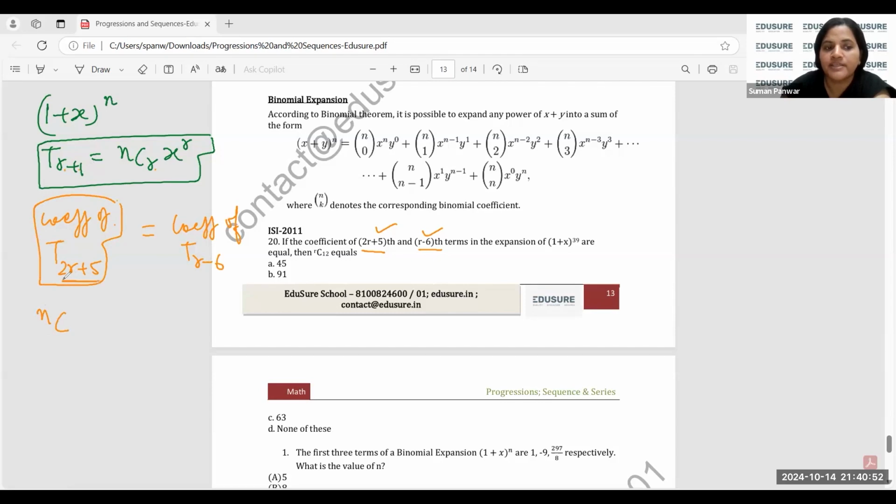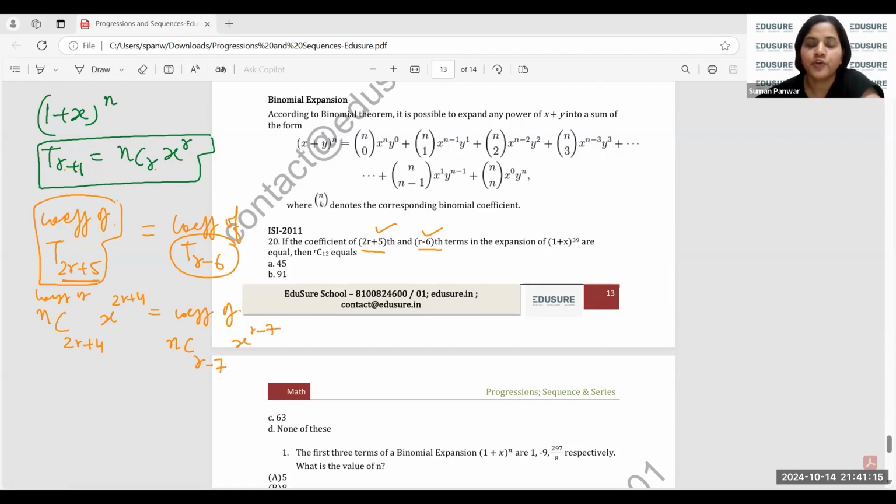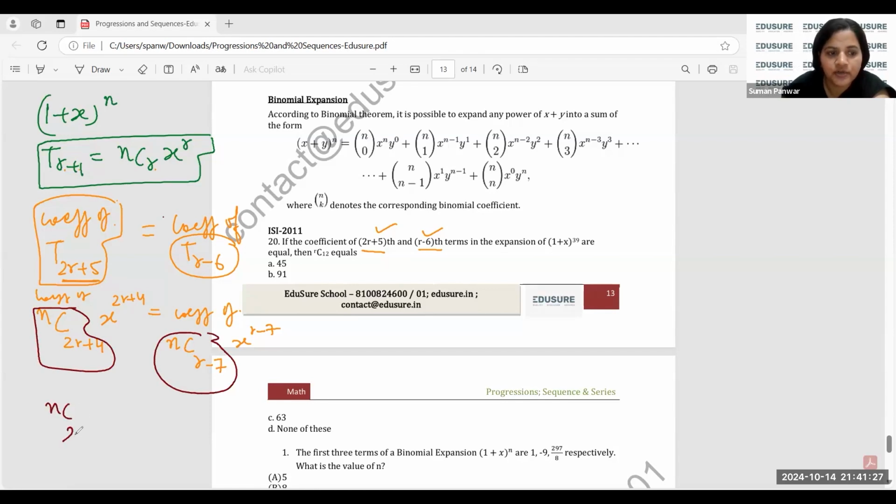So we have 2r plus 5 here, so we will have 2r plus 4, x power 2r plus 4, equals the coefficient of T(r minus 6), so nC(r minus 7), x power r minus 7. From both sides we have to equate the coefficients. We are not interested in x. So nC(2r plus 4) is equal to nC(r minus 7). This is what we have got.